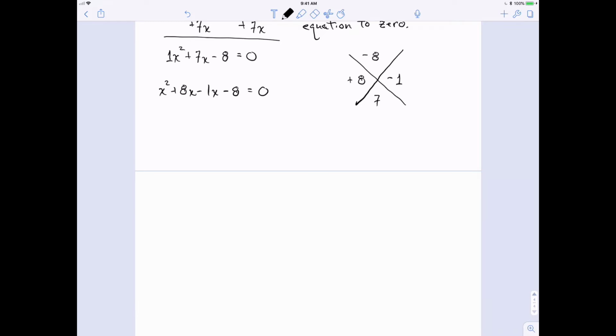Now I factor by grouping, so I have x times x plus 8. And then I factor out a negative 1, and I'm left with x plus 8 equals 0. Then I have a greatest common factor of x plus 8, so x plus 8 times x minus 1 equals 0. Now we set each factor to 0.